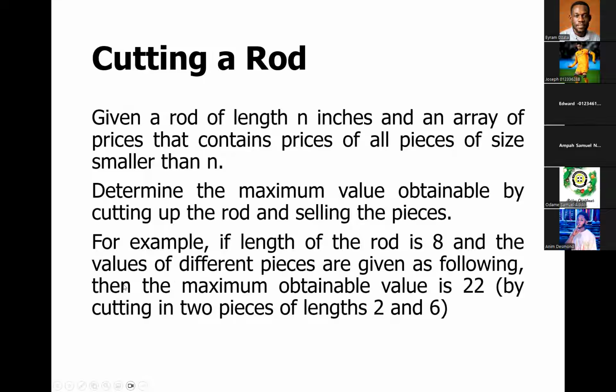You are supposed to cut the rod to get a maximum value of 22, by cutting the rod into 2 pieces of length 2 and 6. So how are you going to cut them to get a maximum, which will give you a value of 22?